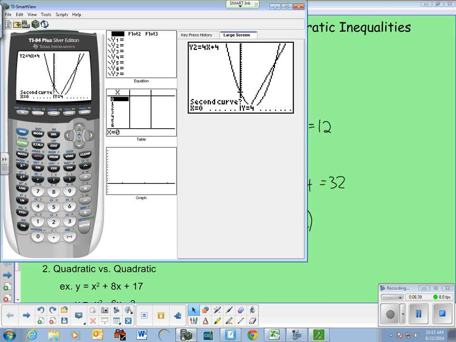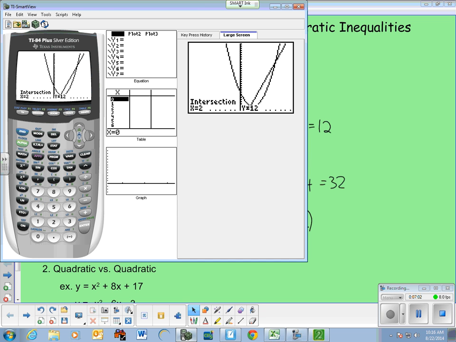Second curve, the cursor is on the line somewhere, I'm going to hit enter. And then guess means put your cursor close to the intersection. Move left and right, the cursor moves down the graph, just to give the calculator a place to start looking. So I put it down close to that first intersection, and I get (2, 12).